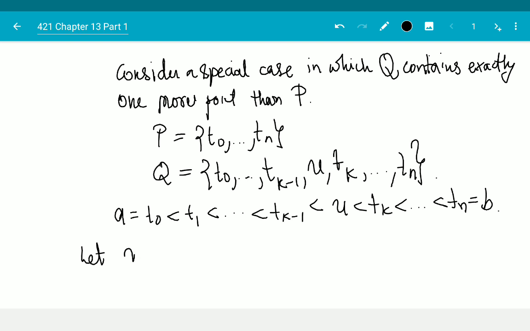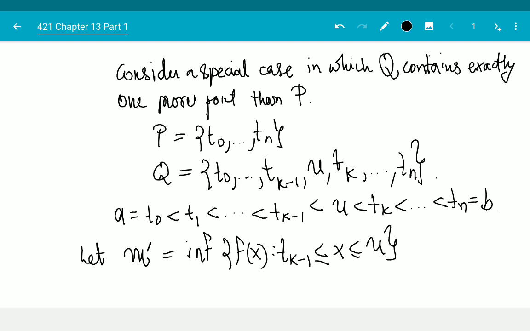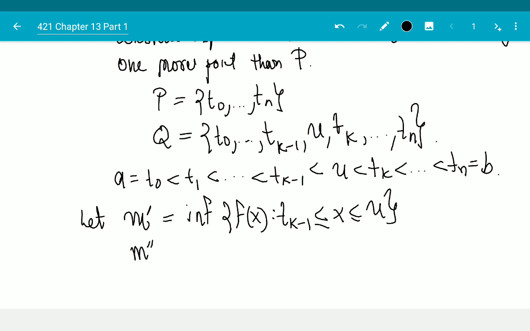Now let M prime be equal to the infimum of f of x, where Tk minus 1 is smaller than x, smaller than or equal to U. And M double prime is equal to the infimum of f of x on the other part, so U smaller than or equal to x smaller than Tk.